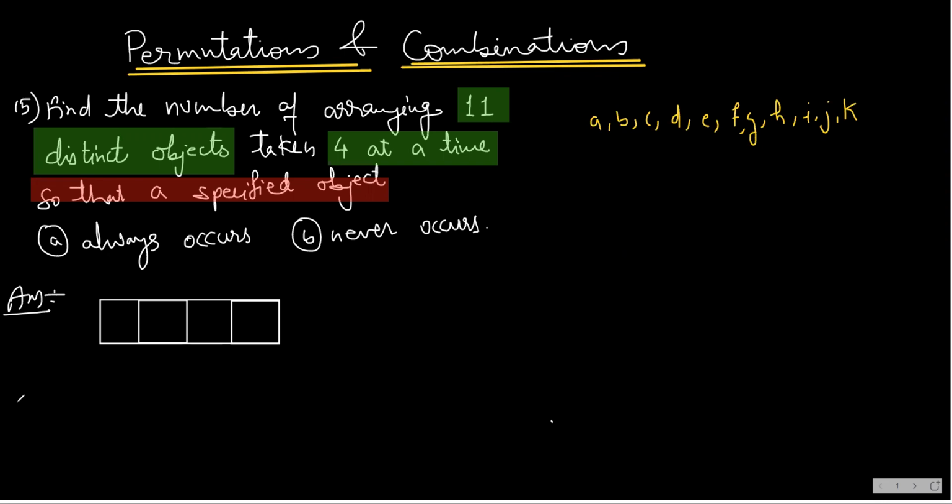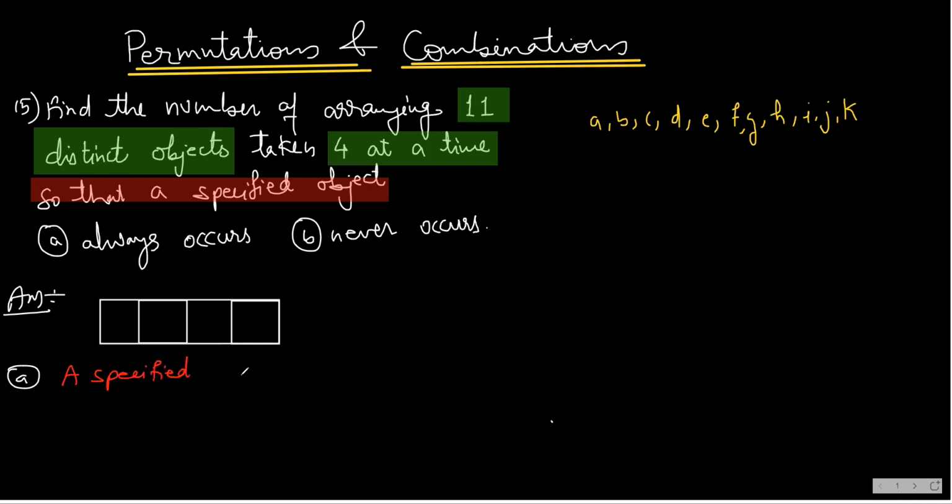So I'm solving right now the case of always occurs. I'm taking this case, Case A, a specified object always occurs.